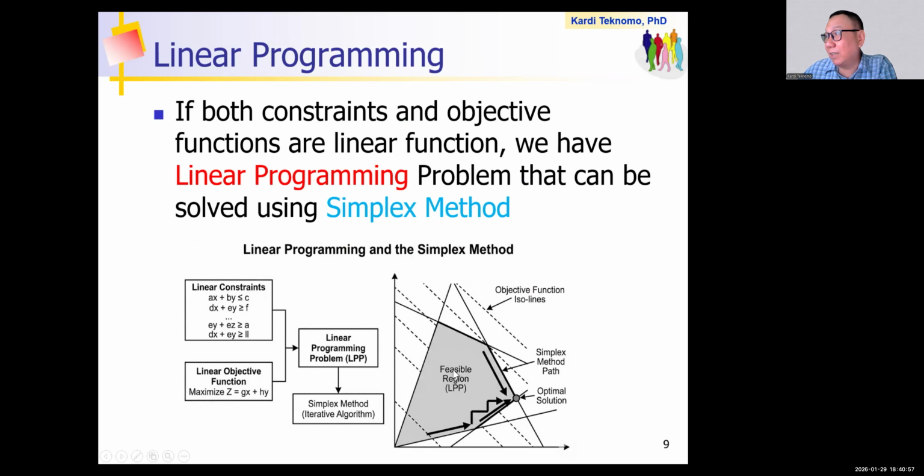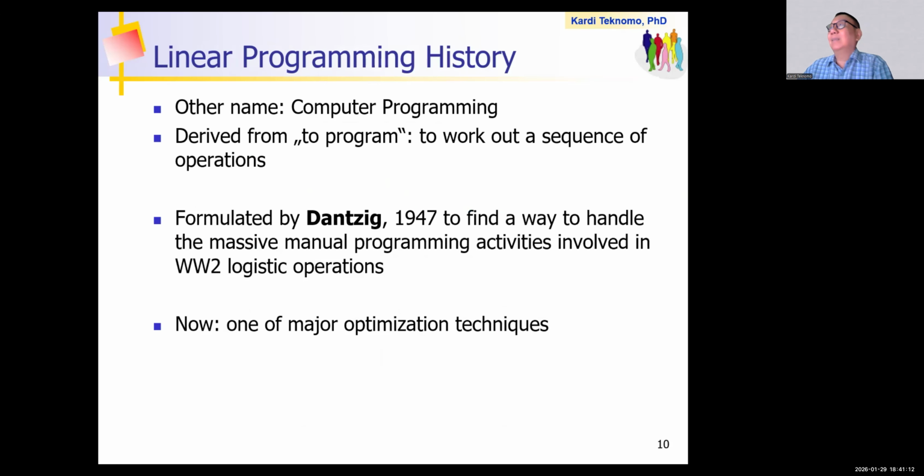Then the program will form the feasible region like this, and then it will find the best, the optimal solution. It has been used in many fields, including transportation and urban planning. It was first formulated in 1947 to handle the massive manual planning activities for the war, logistics operations. Now, linear programming is one of the major optimization techniques.